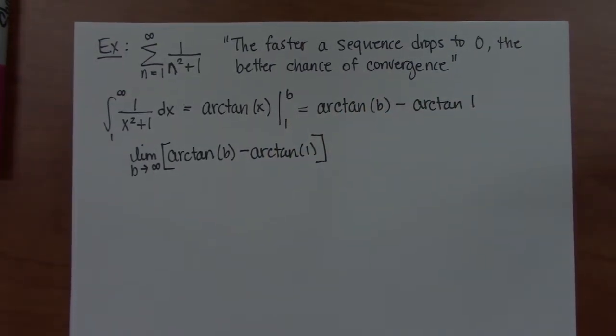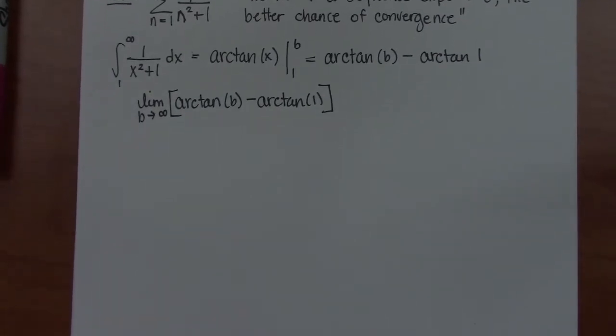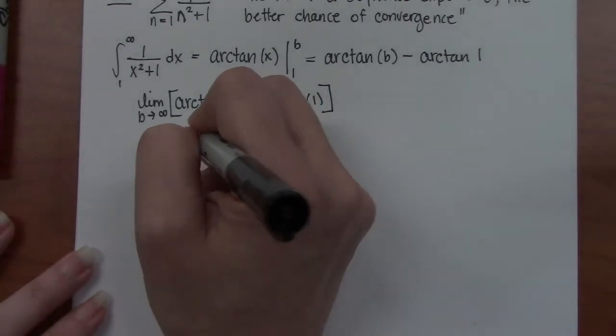So evaluating the limit as b goes to infinity of arctan, it's kind of like doing the limit of natural log of x. So it really helps if you know what the graph looks like.